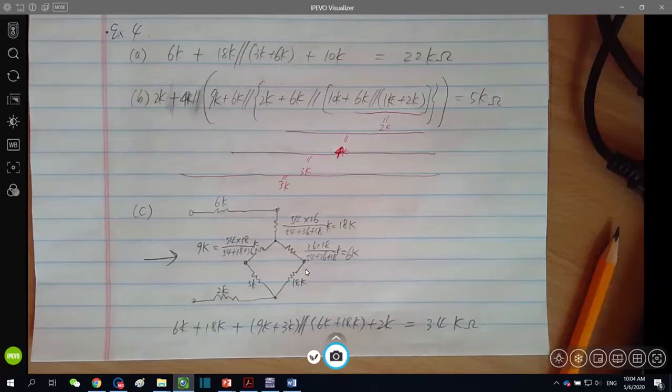From here, you can see a clear series connection between this one and this one. Also, between this one and this one. After combining them respectively, you see these 2 are actually parallel. And then from there, you basically know what to do next. The correct answer for this total resistance is 34 kilo.